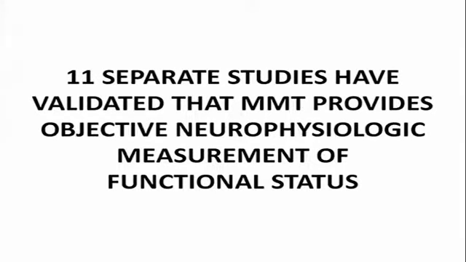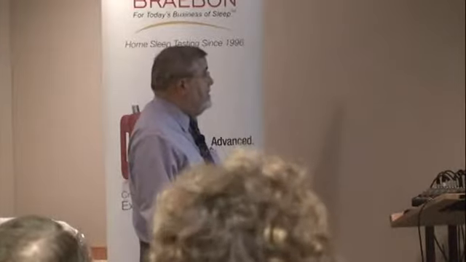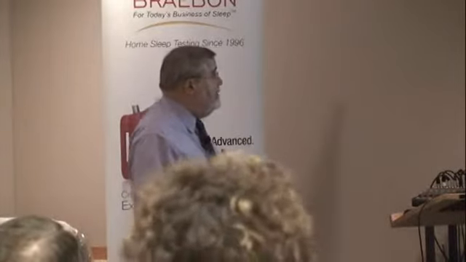11 separate studies have validated that manual muscle testing provides objective neurophysiologic measurements of functional status. These 11 studies are in your handout, and they're here merely for me to show that there are 11 such studies from refereed literature. And there's number 11. And the concurrent validity of a test, we're not going to deal with that either. Let's conclude this.